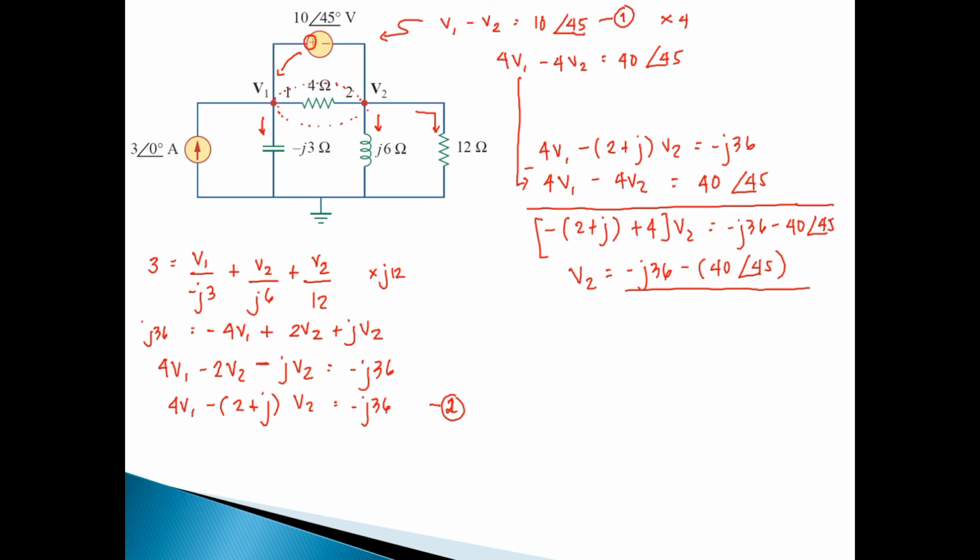So V2 is equal to (negative j36 minus 40 angle 45) divided by (negative 2 plus 4, that is positive 2, and then minus j).